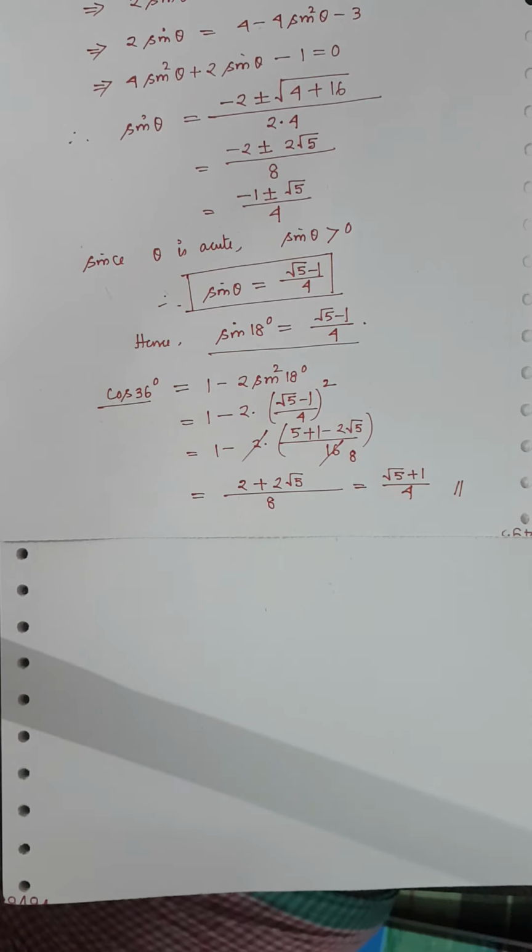Okay. Now it is question number 2. Evaluate the value of tan 9 degree minus tan 27 degree minus tan 63 degree plus tan 81 degree. So how to evaluate this?